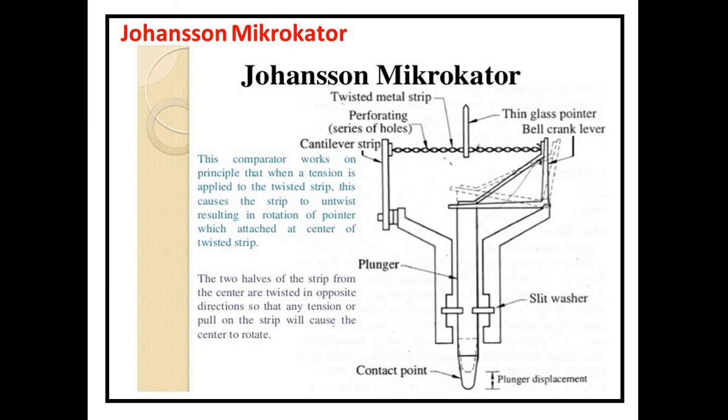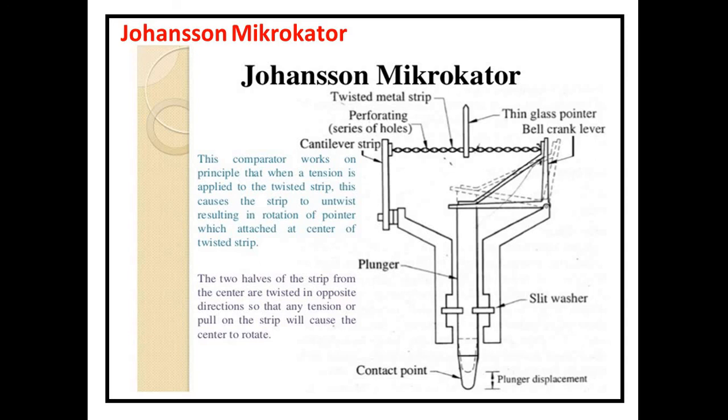Any up or down movement of the plunger causes the bell crank lever to turn left or right, thereby changing the length of the twisted metal strip. So we have seen, as this plunger moves up and down, some dotted positions are shown. Suppose we assume that this plunger has moved in upward direction.